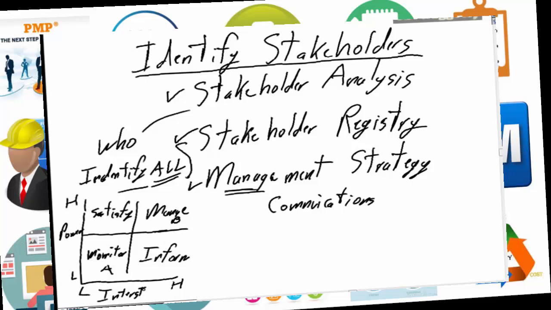Their interest is high, but their power is low, so we're going to put C in here. And we're going to develop some formal strategy for dealing with each and every one of these stakeholders. And that strategy is going to lead directly into our next communications process, which is developing the plan.